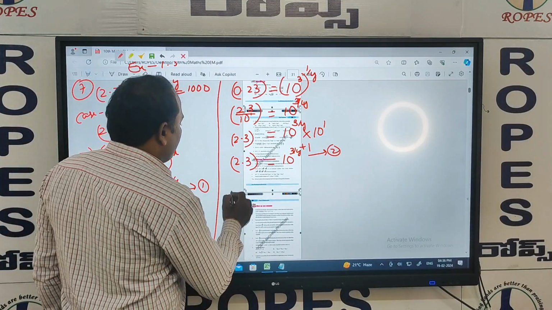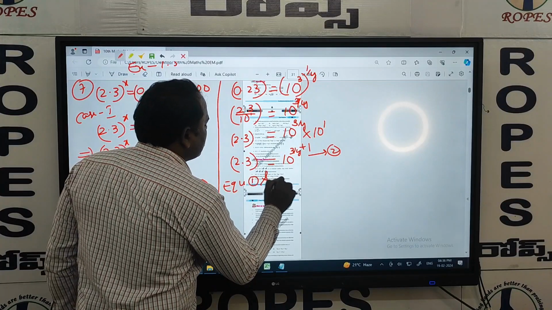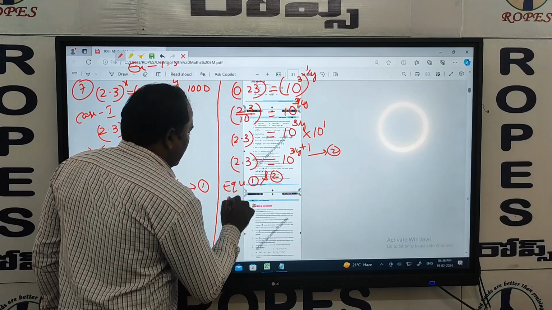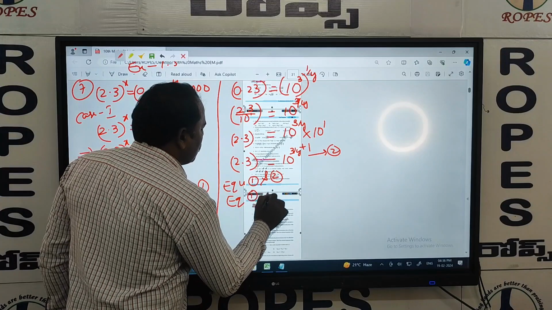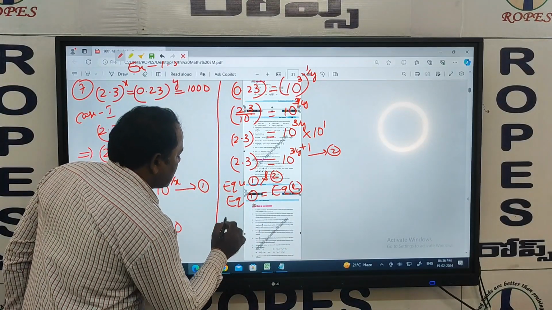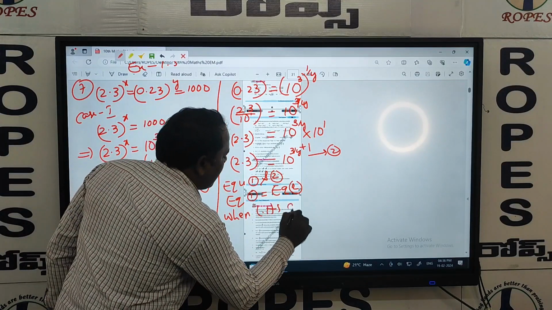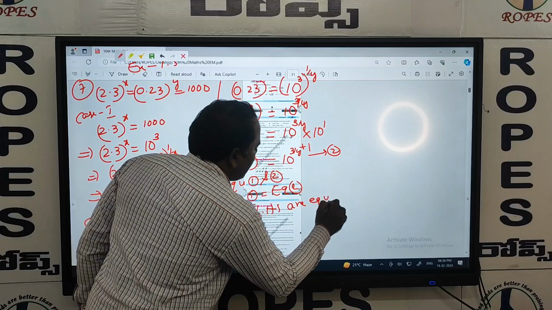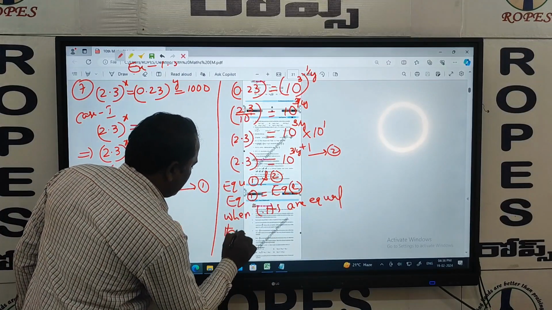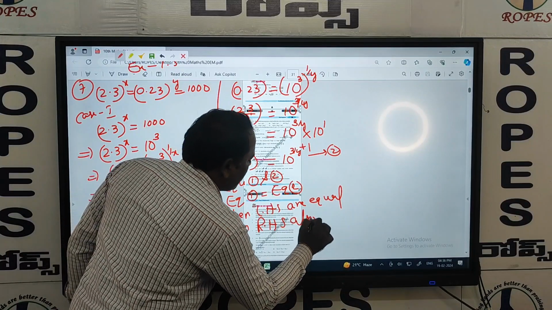From equation 1 and 2, equation 1 is equal to equation 2. When the LHS are equal, then the RHS are also equal.